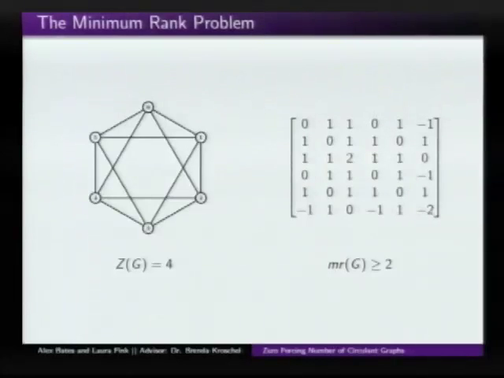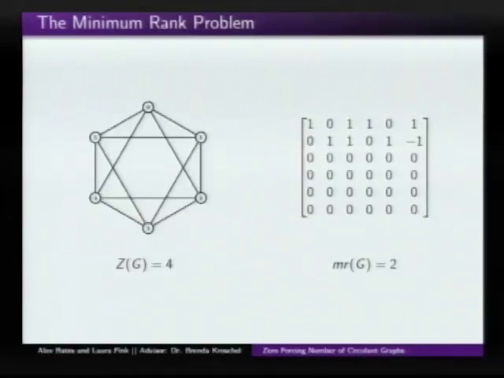And we can plug in values for our graph there, given the zero non-zero pattern. Once this matrix has been reduced, we see that the rank of this graph is 2, and indeed for any graph that is size 7 or less, the zero forcing number isn't just going to be greater than or equal to n minus the minimum rank, it's going to be equal.